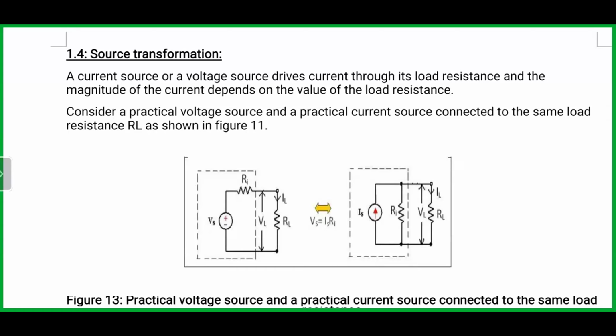Now, it says that the current that will flow from the current source to the load resistor is dependent on the magnitude of the current required by the load resistor.